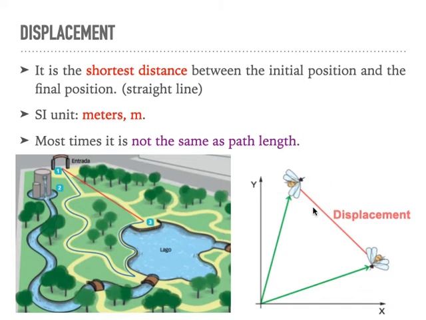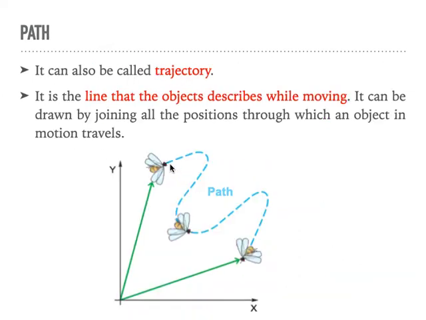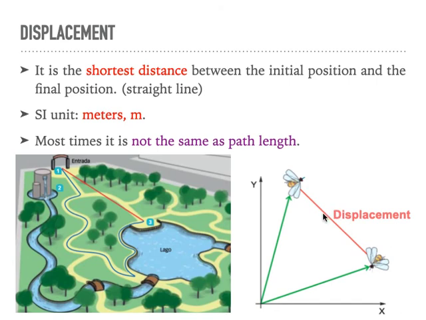But in our example with the displacement and the fly, we saw here the path, and if we measure all of these centimeters or whatever the fly is doing, that would be the path length. But if we just have one position and the other position, and we subtract them, that's the displacement.